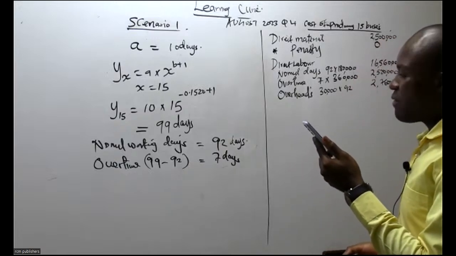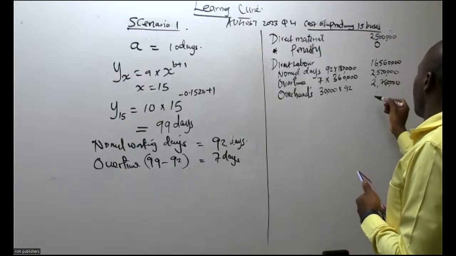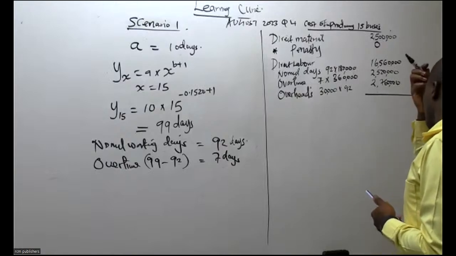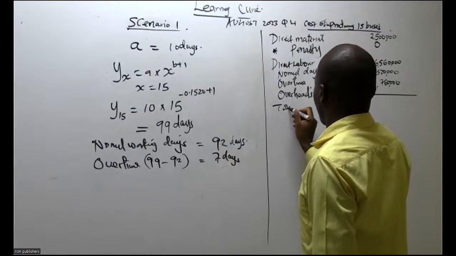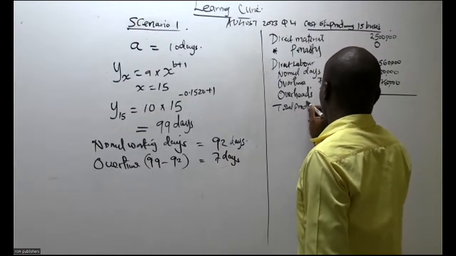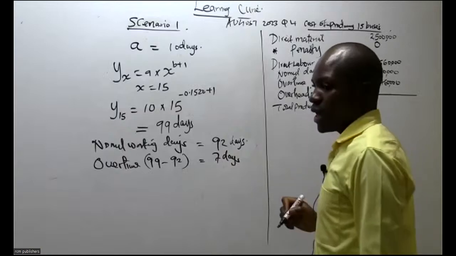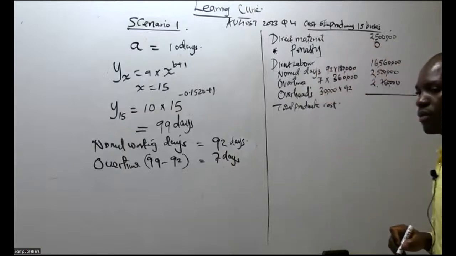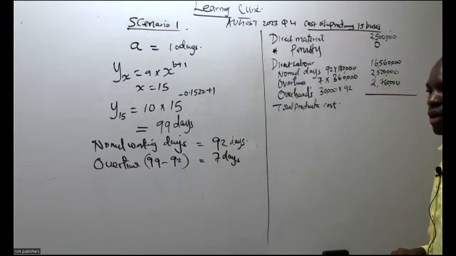Do we have any cost incurred? There is none. So give us the total production cost of 15 buses under scenario 1. What will we have?